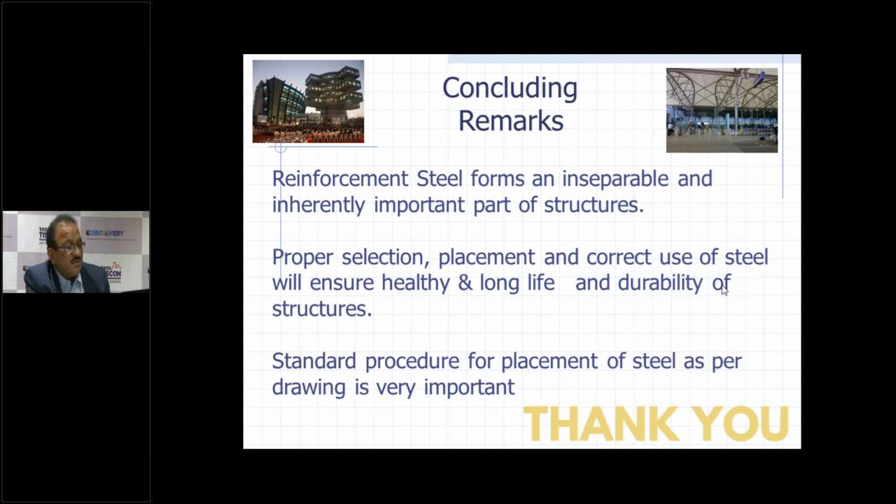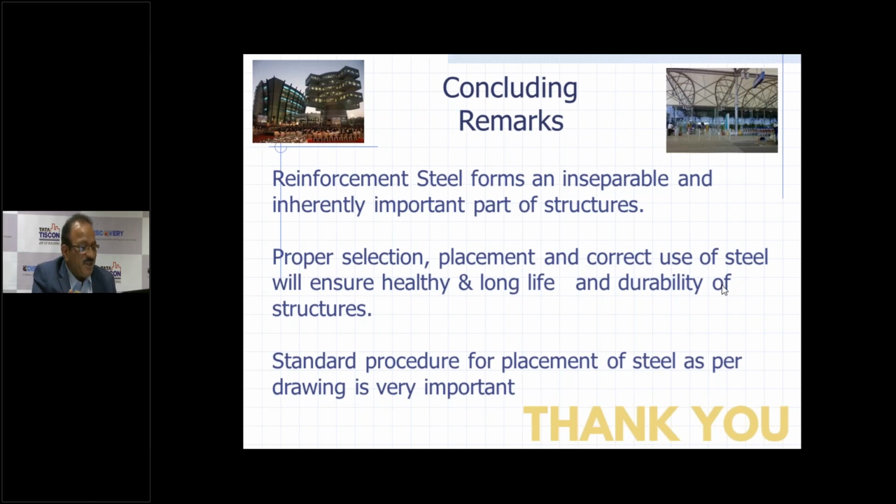Then Suryakanta Mishra, how to know steel quality inside? You don't have to worry about the steel quality inside if you purchase the material from standard manufacturers like Tiscon or equivalent.